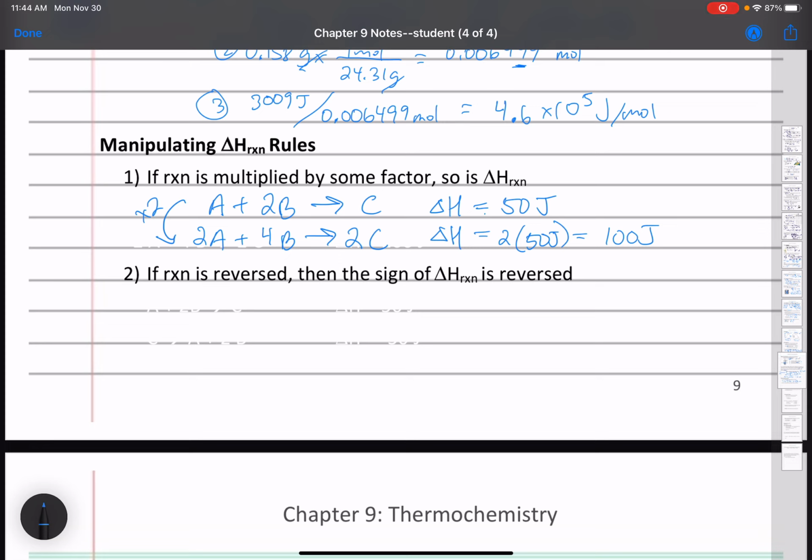Easy peasy. All right. The next rule is about reversal, reaction reversal. So if we take that same reaction, A plus 2B reacts to form C, and it has a heat of reaction or enthalpy of 50 joules.